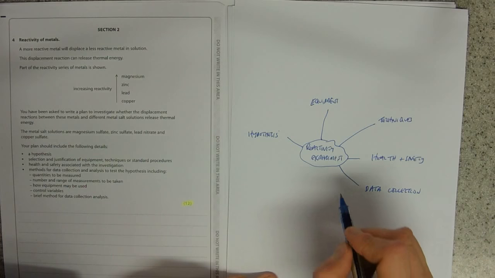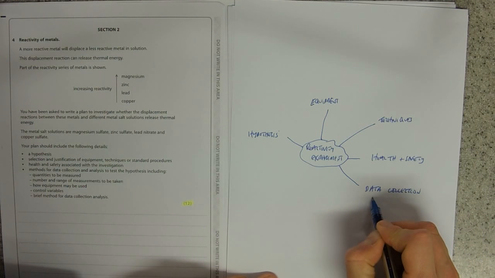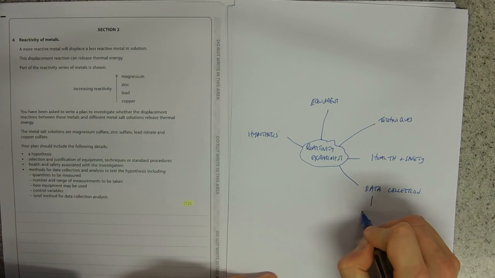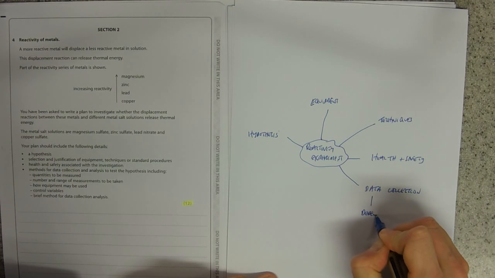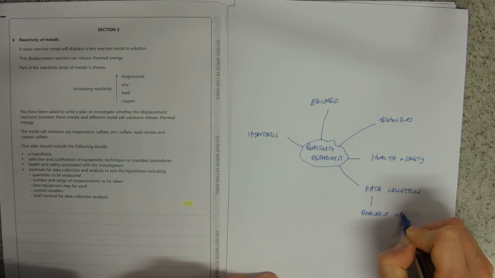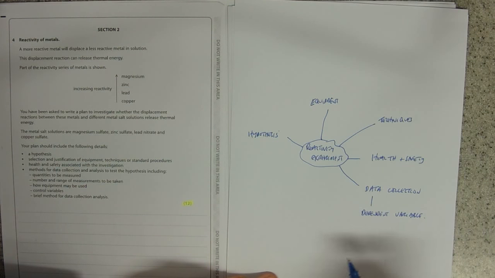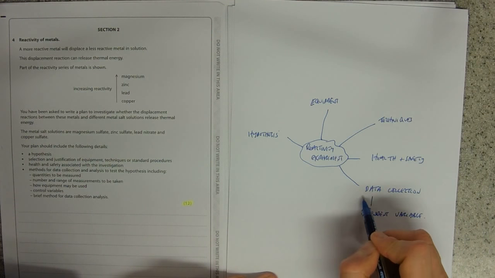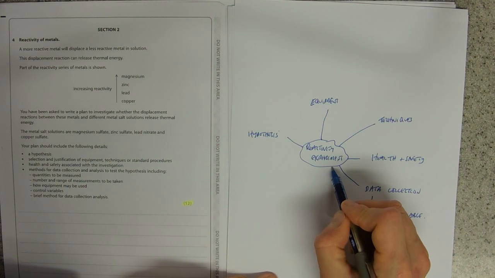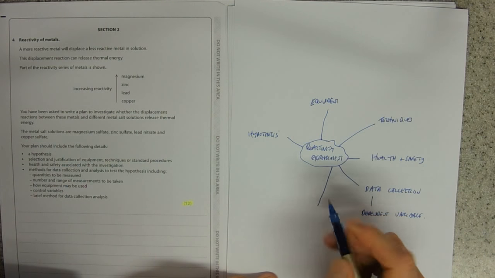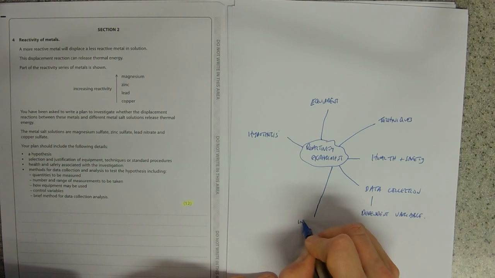So for example, what's our dependent variable? Is the main one of those. But as part of that really, we're going to have our independent variable.